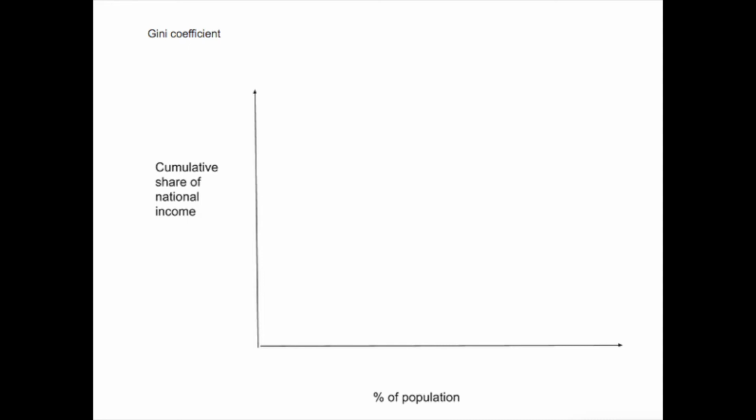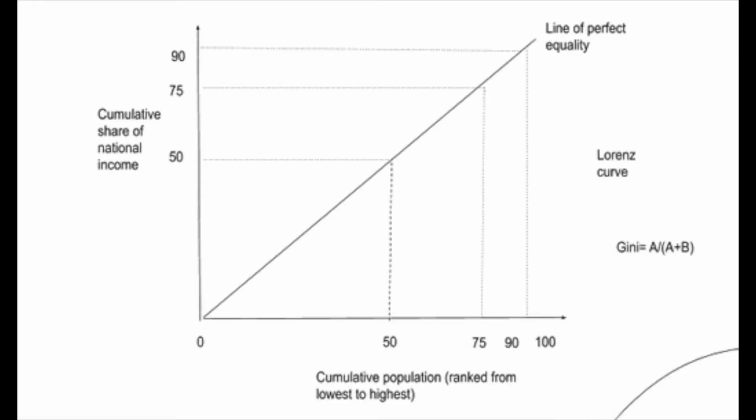Next, imagine a perfect 45-degree line on this graph. This line is known as the line of perfect equality. As you can see on this graph here, the bottom 75% has exactly 75% share of national income. Inversely, the top 25% has 25% of national income.